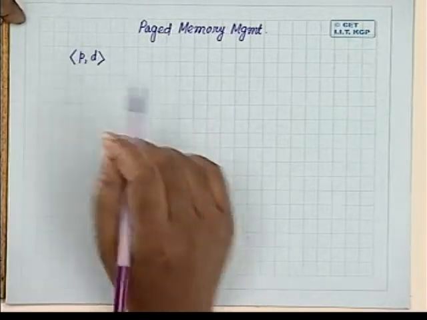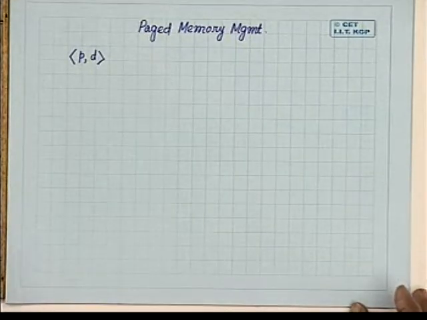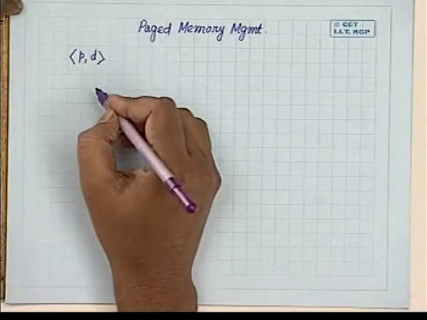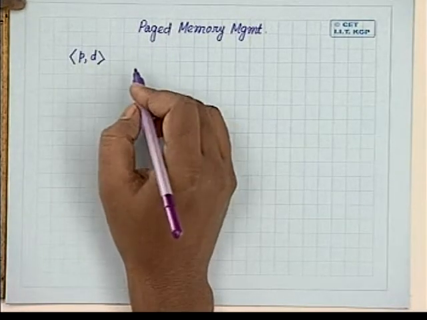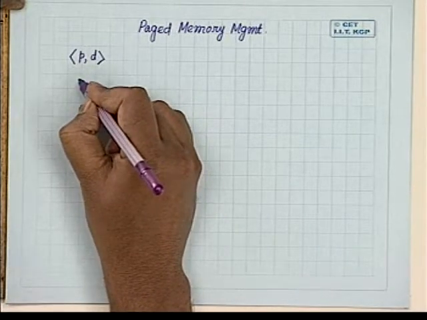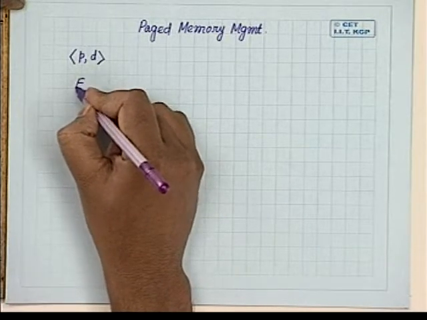Now, when we go for this paged memory management technique, we get another advantage, that is sharing of code. So the same code may be shared by more than one user program. Say for example, there are 2 users who are trying to edit their files. Okay. So there is a single program which is the edit program.